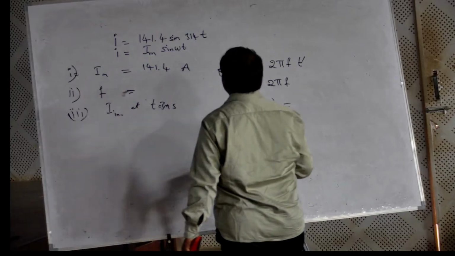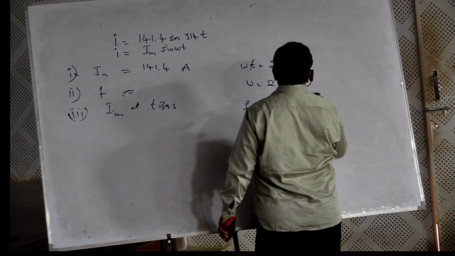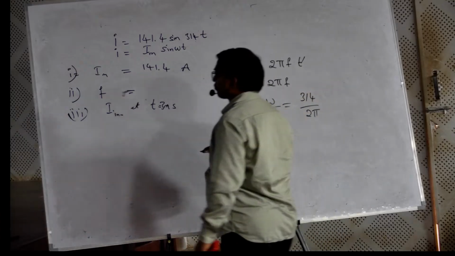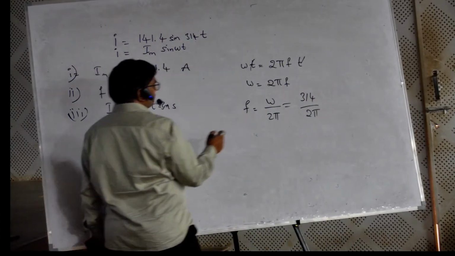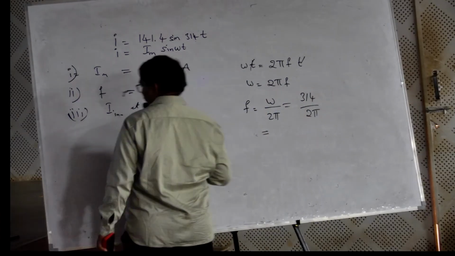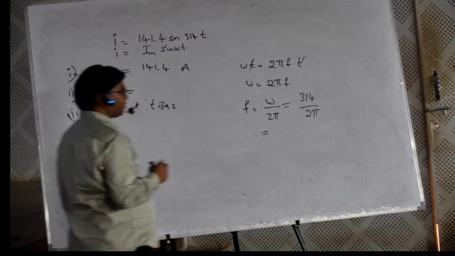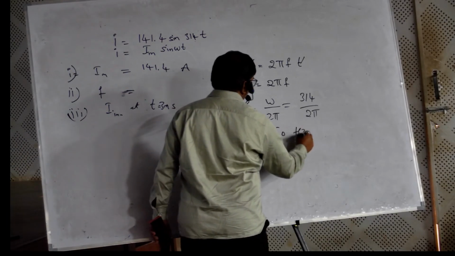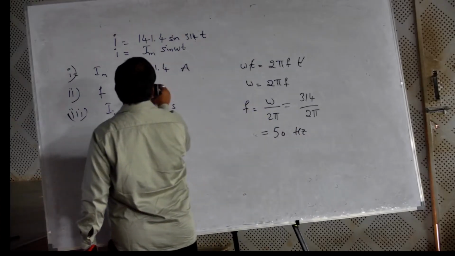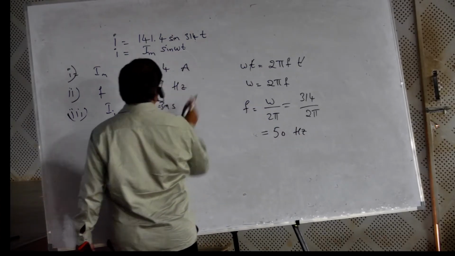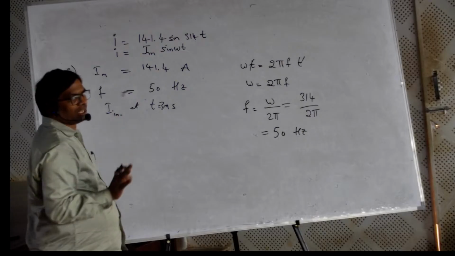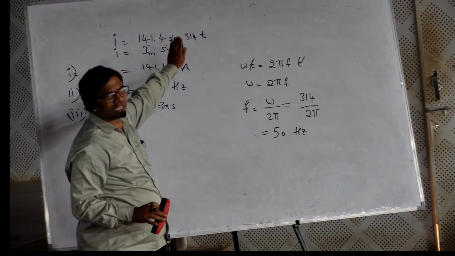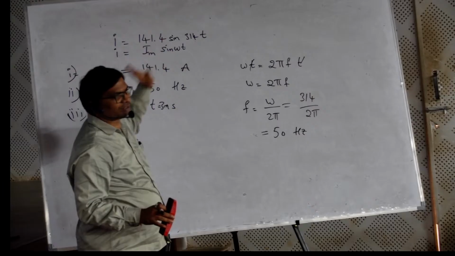So omega is how much? 314. 314 by 2 pi. How much do you obtain? 50? Yes. So frequency is 50 hertz. Second one, f is equal to 50 hertz. So everything is available in the question only, but we have to compare the equation with respect to the general equation.